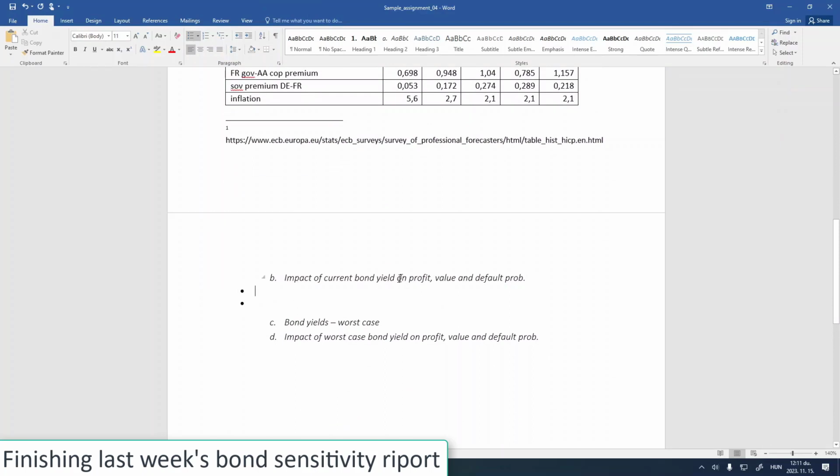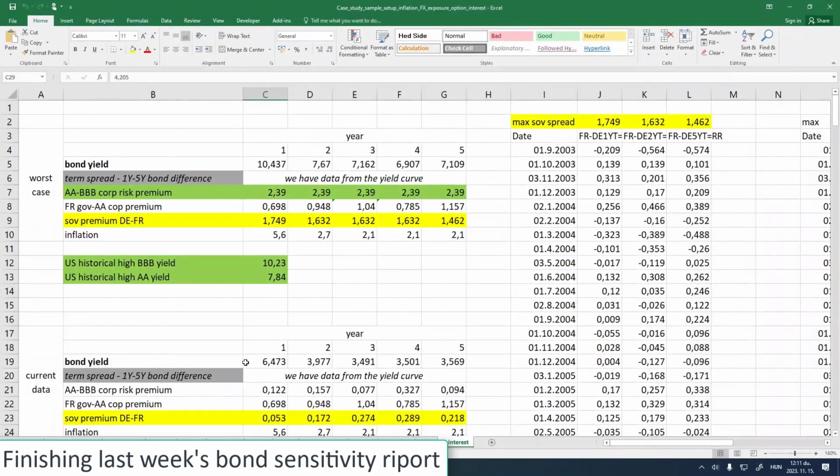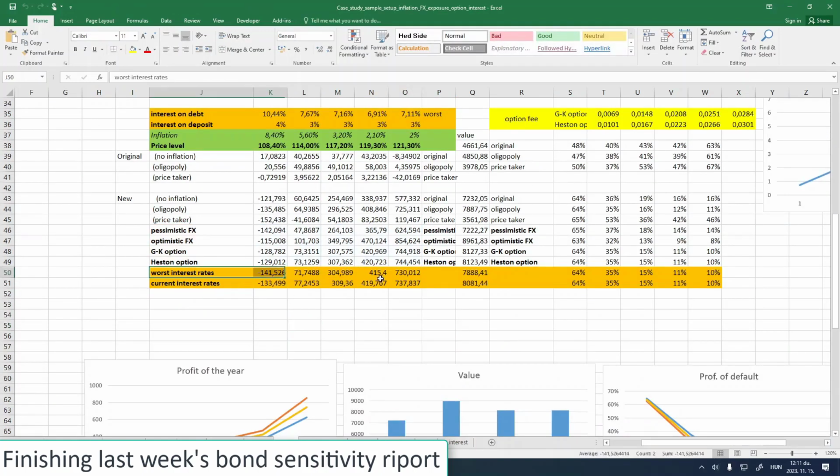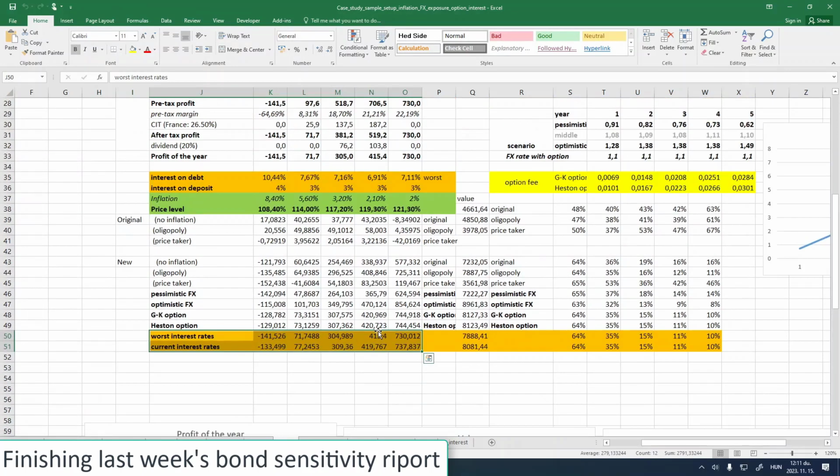First we have to calculate the possible bond yield on profit value, default probability. Can't we combine them? In this case we just have to copy paste one thing and not two. I'm always lazy, but this is just one figure.